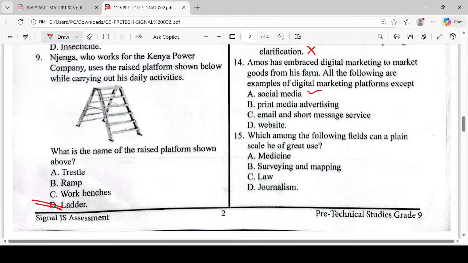Print media advertising, email and short message services, yes. Website, yes. So the one that is not digital is print media advertising. So the answer here should be C for cat, which is email and SMS.